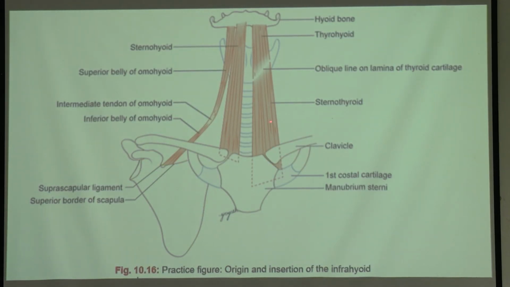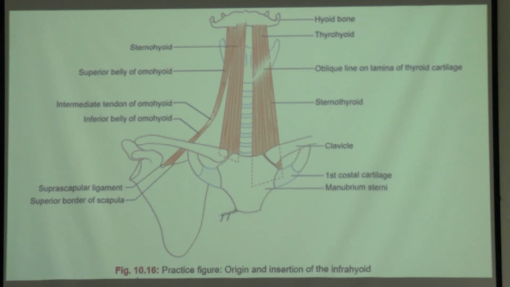So here we can find another thing. This is the hyoid cartilage, and below we are getting the thyroid, cricoid and tracheal rings. That means the trachea. So within the muscular triangle we can get the lower part of the larynx and upper part of the trachea.